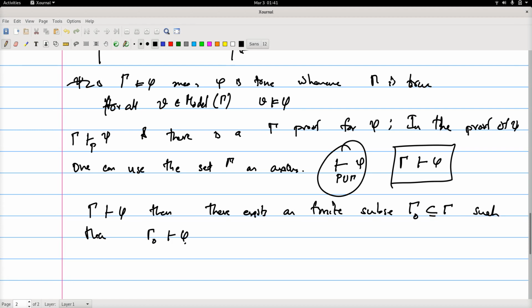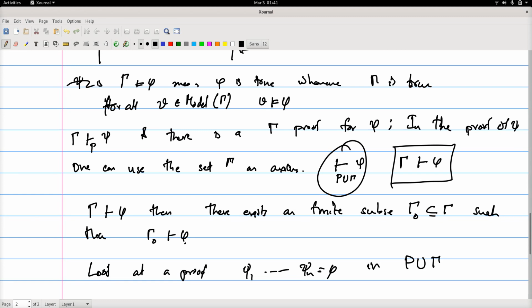This is easy to see. Look at a proof C1 through Cn equal to phi in P union gamma.